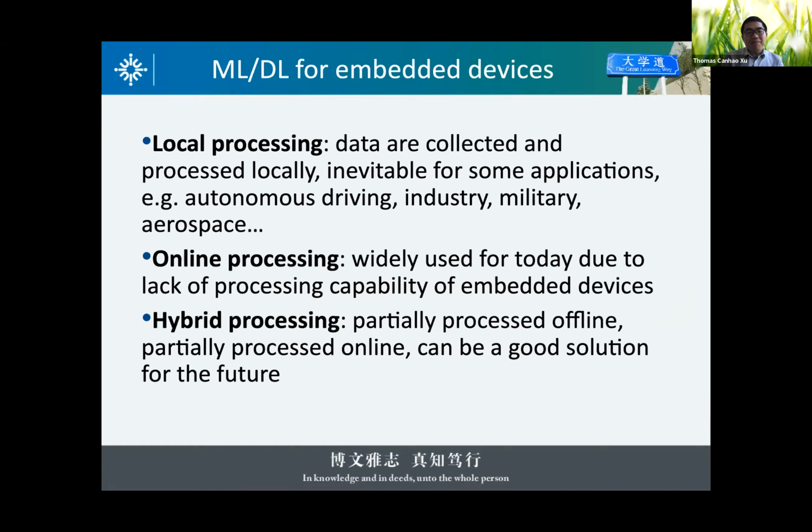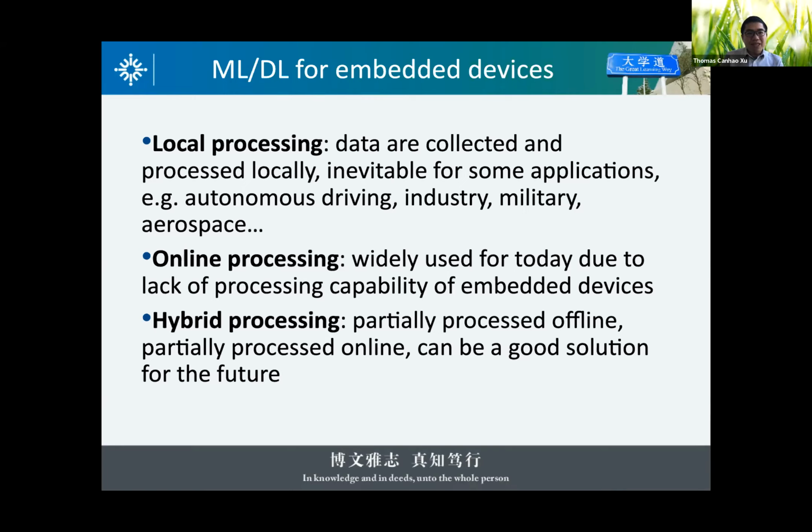For example, you have to think about whether you process things locally, or transfer the information to the server online, or do hybrid processing. If you are doing local processing, the data are collected and processed locally. In some cases, this is totally inevitable.